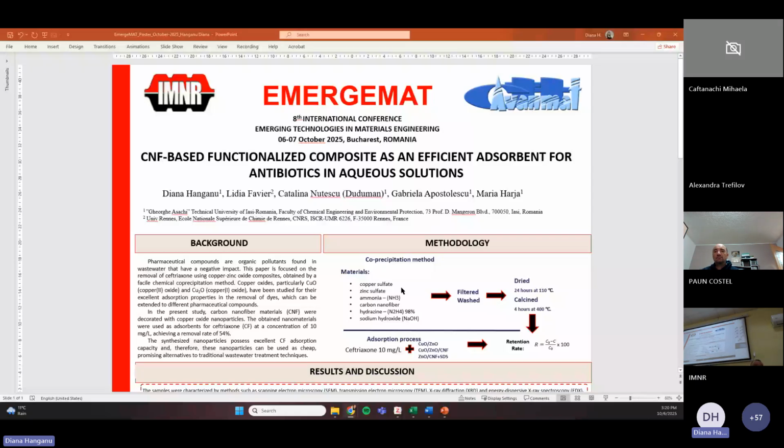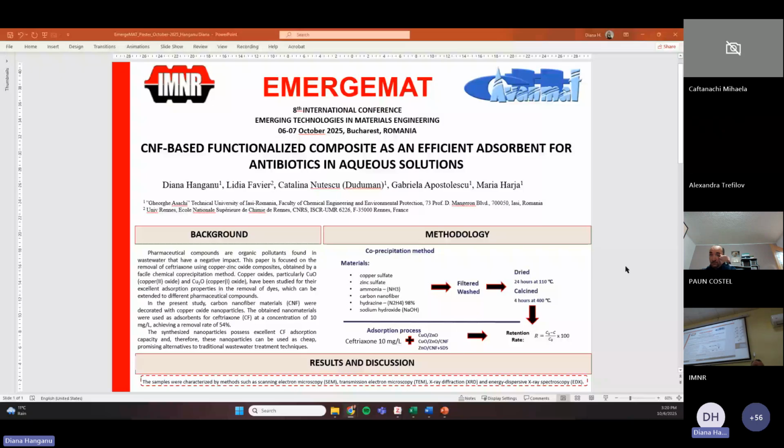In the first place, I would like to give a little bit of background because I know that everyone is accustomed to knowing that pharmaceutical compounds create a general problem with a negative impact on the environment, because their presence has toxic effects on aquatic life. So we are trying to remove those pollutants with different methods, starting with adsorption, the most commonly known removal method.